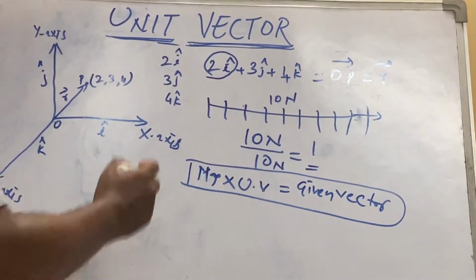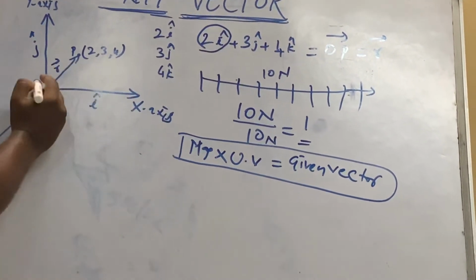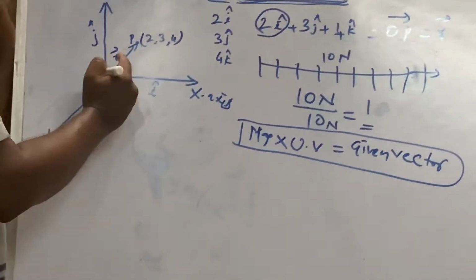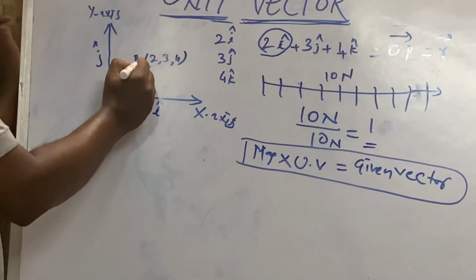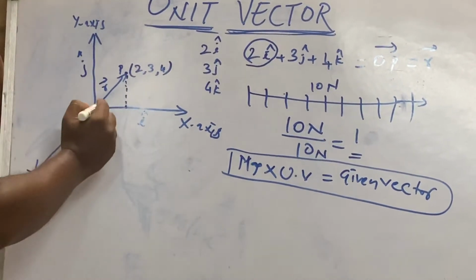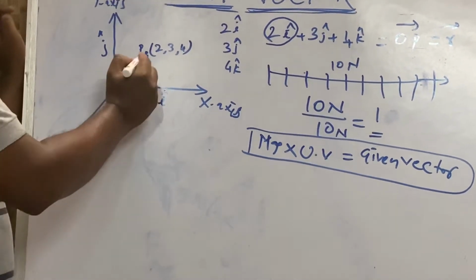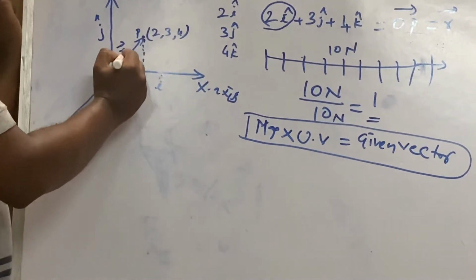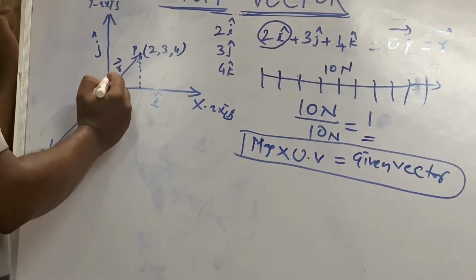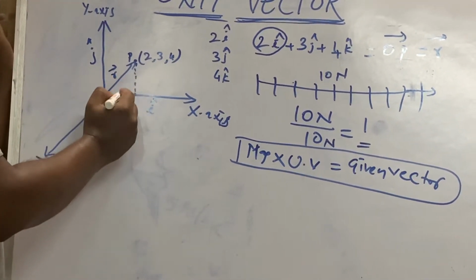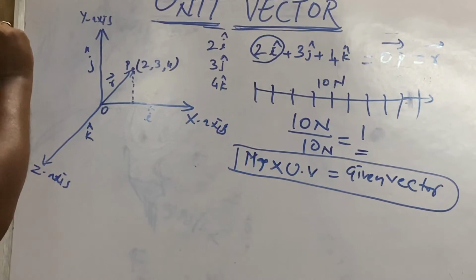Now how to find the magnitude? If you draw a normal, we get a triangle, with OP as the hypotenuse. According to the Pythagoras theorem, the sum of the squares of the two sides equals the hypotenuse square.